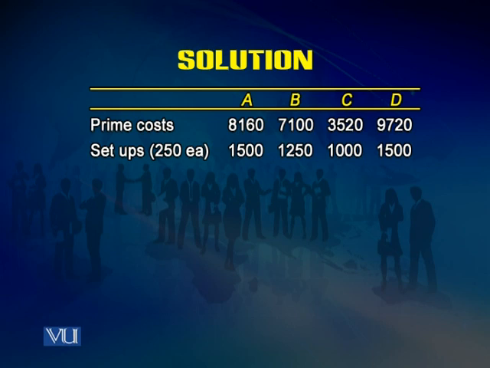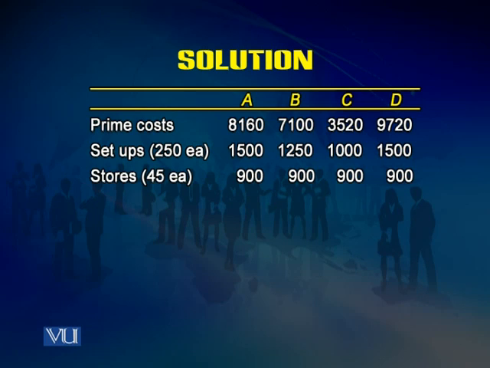So using 6 production runs, multiplying that by the cost driver rate of 250, we get 1500 for product A. Now for product B, the production runs are going to be 5, and for product C, production runs are going to be 4, based on 20 units per production run. So this way we have allocated the setup cost to the products on the basis of the cost driver.